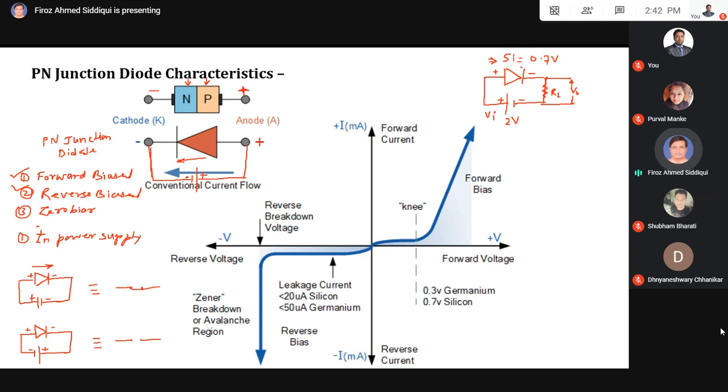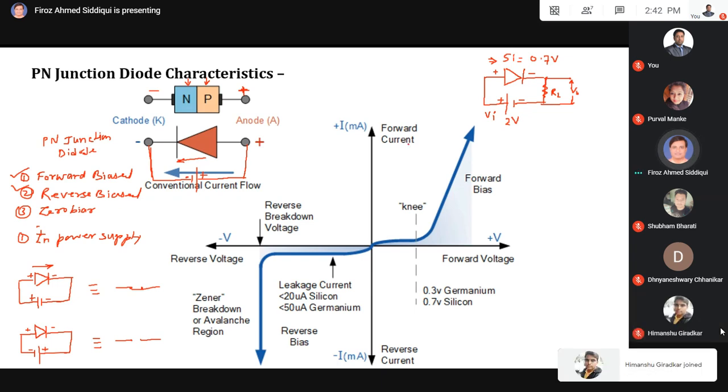So if 0.7 volt is across the diode, then let's say the drop across the diode is 0.7 volt as it is a silicon diode, then what is the voltage across this RL? Can you tell me the voltage across RL? Anyone?